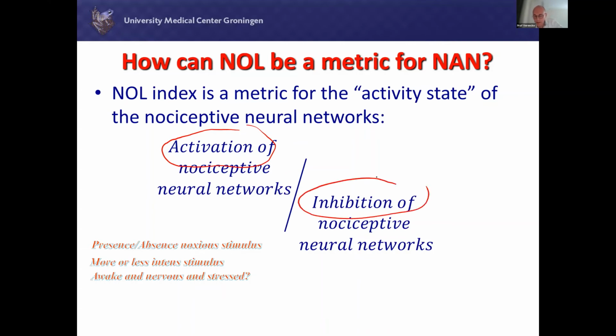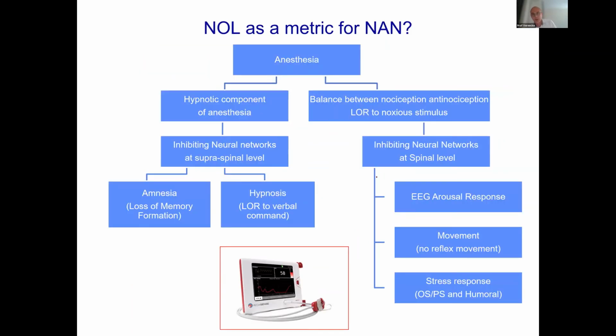Others will inhibit them, such as higher opioids, effective local regional blocks, and adjuvant drugs. So as you will see, the NOL represents a combination, a spectrum of activity of which some is activating and some is inhibiting.